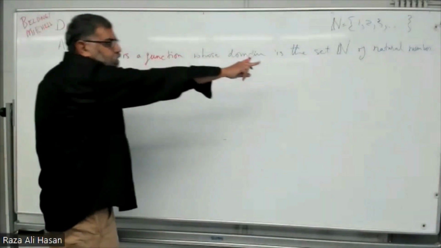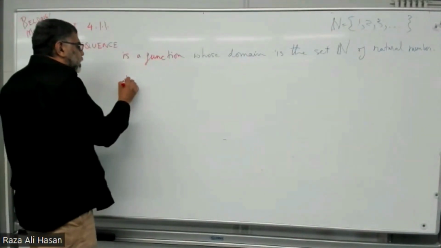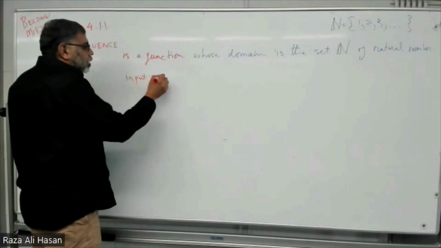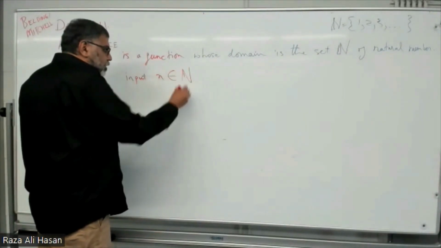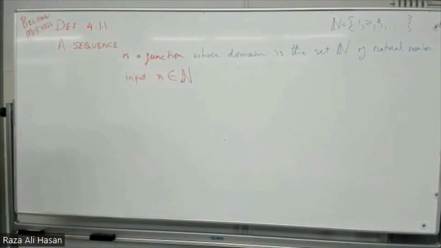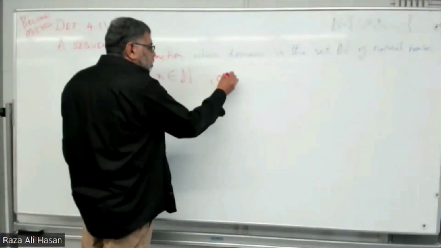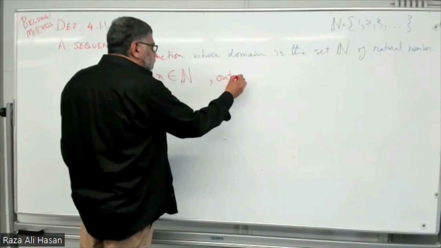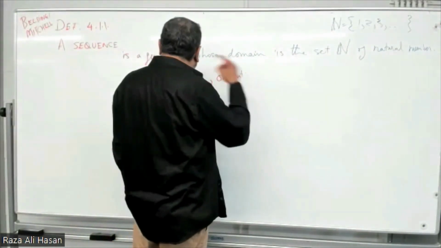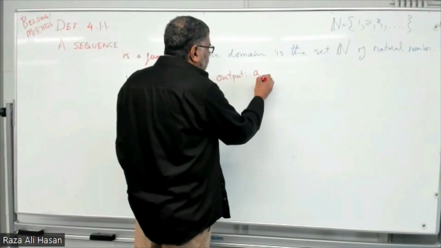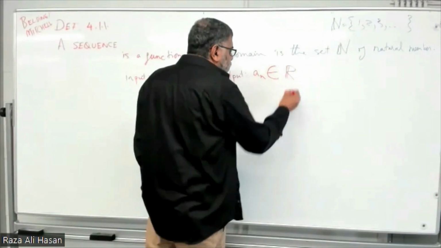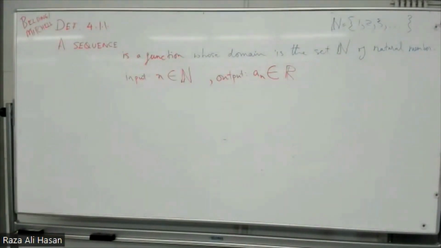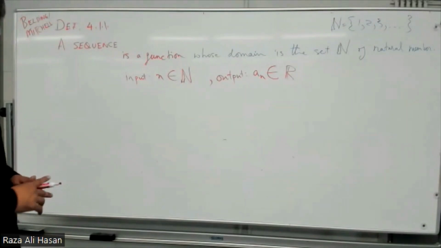When you stick in a natural number, what you get out is this: the input is some n that belongs to the set of natural numbers, and the output, let's call it a_n, is in the set of real numbers. So that's what a sequence is.